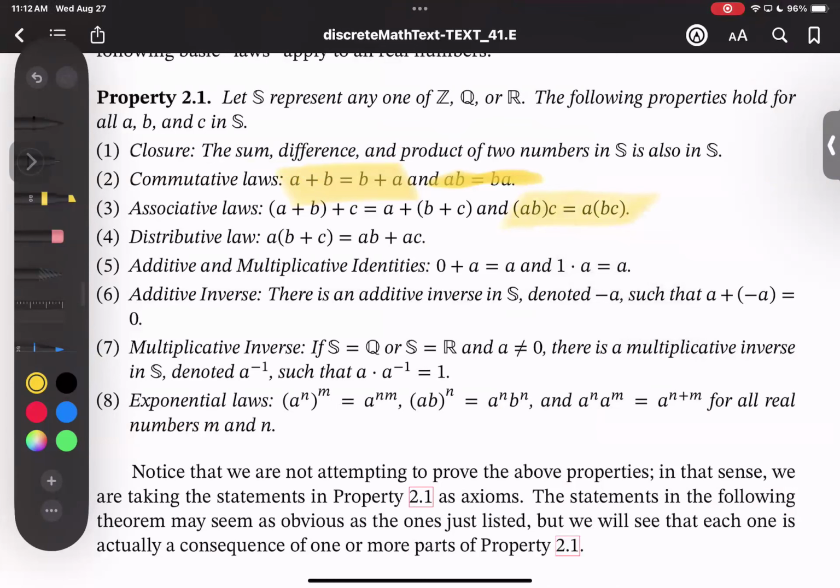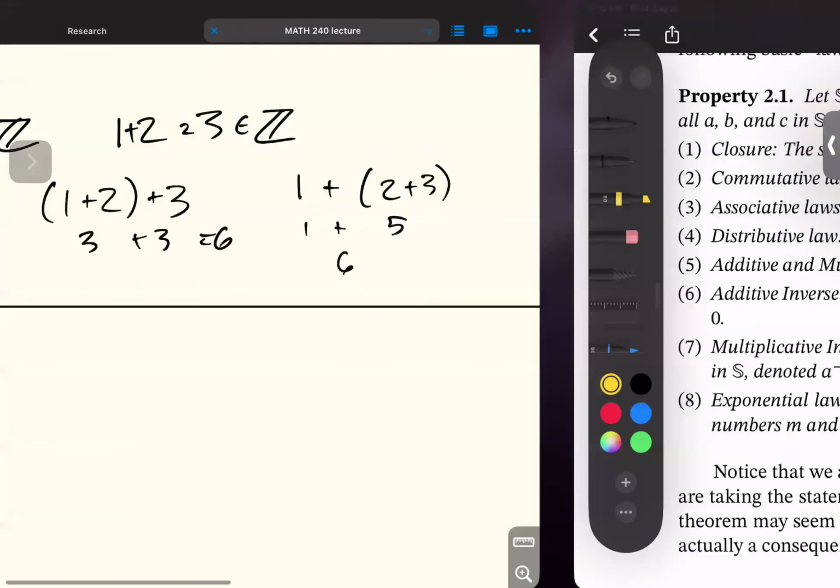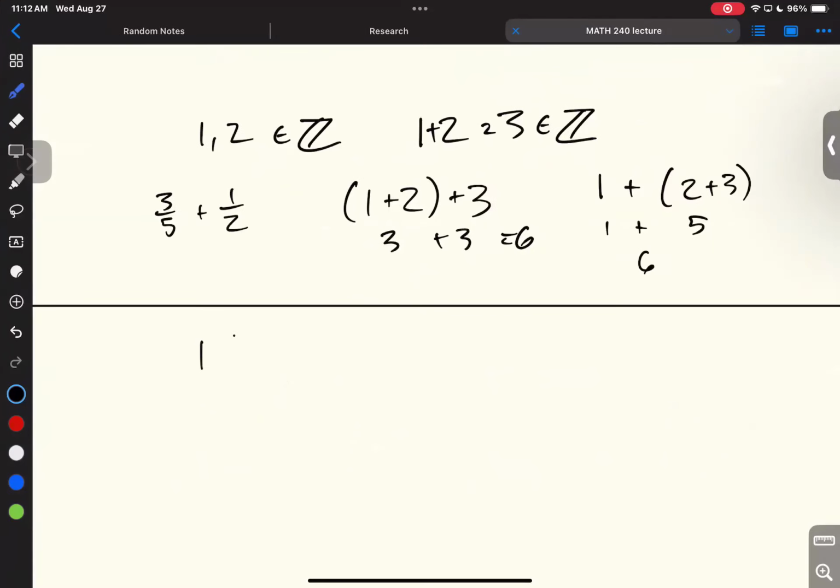Distributive law, that if I have A times (B plus C), that's the same as AB plus AC. So if we have 1 times (2 plus 3), that's 1 times 5, which is 5.